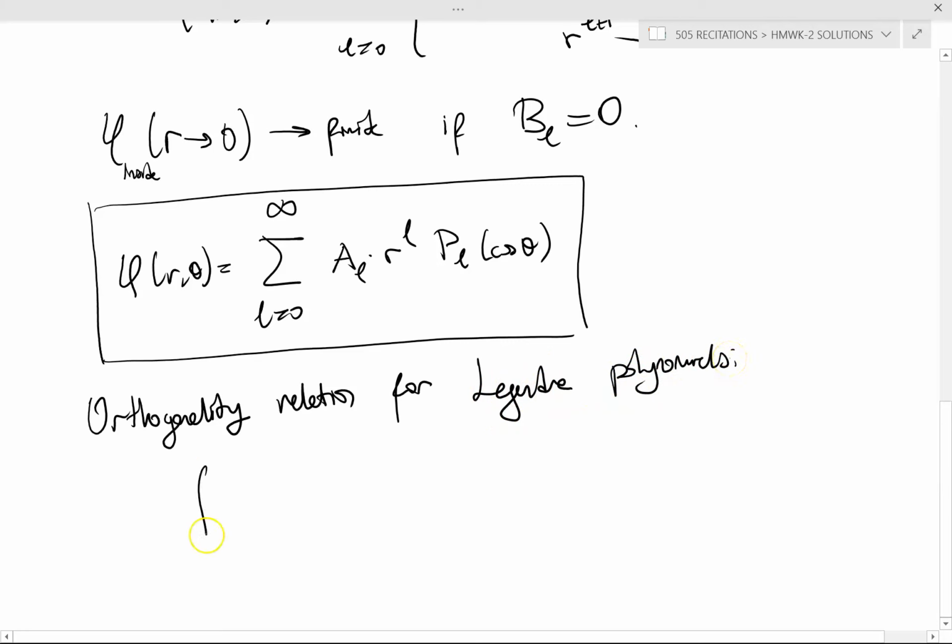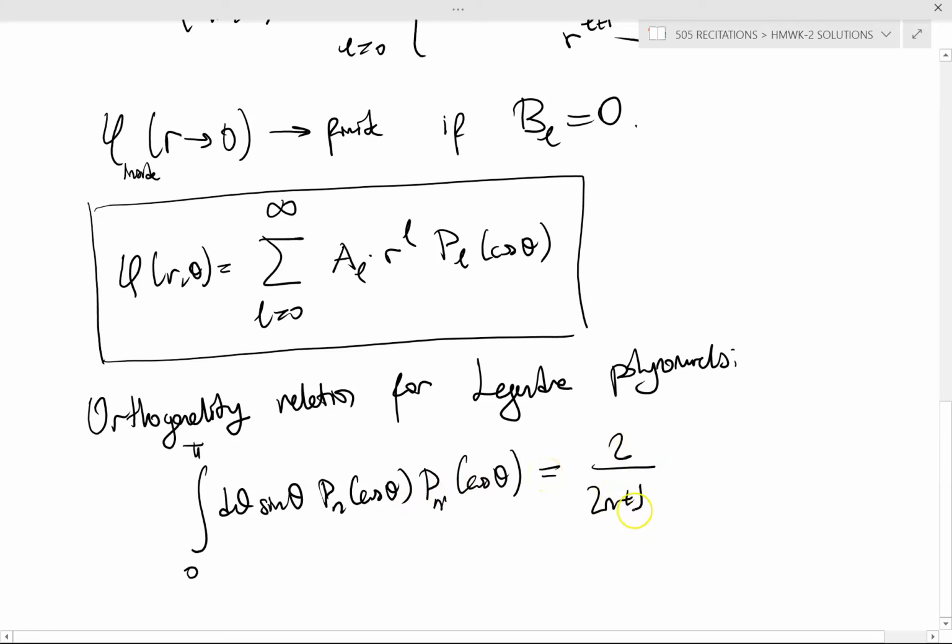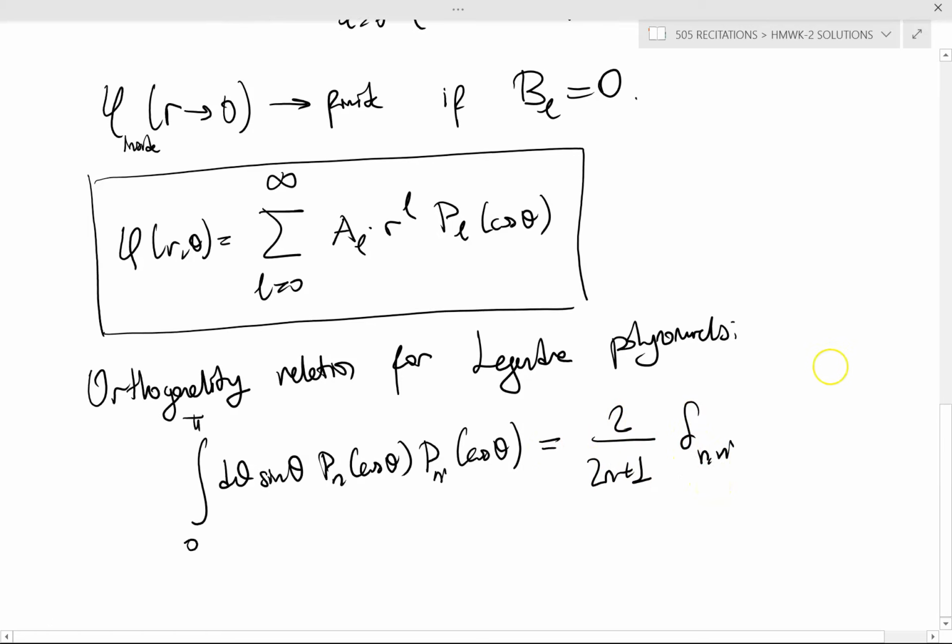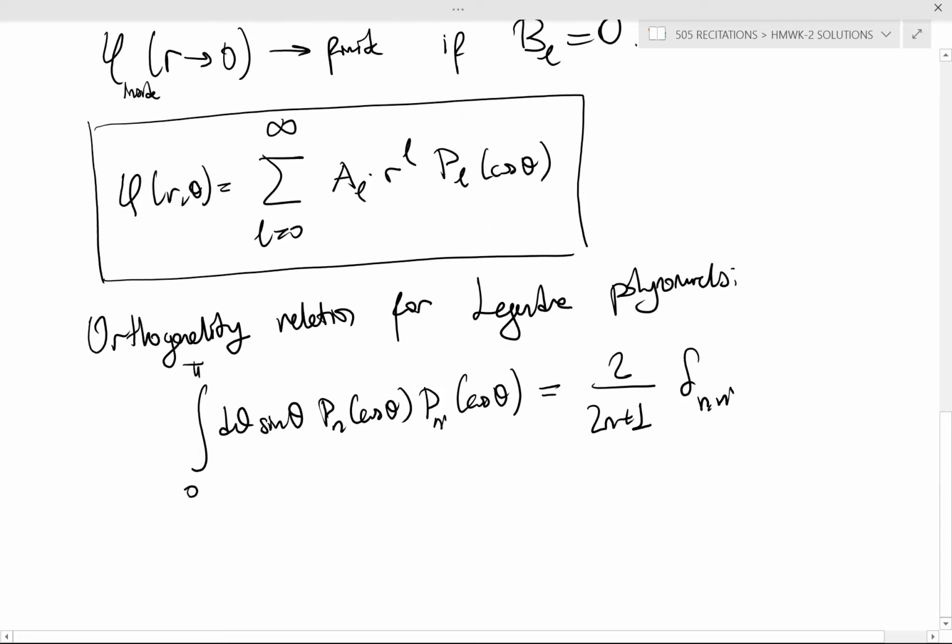And that relation turns out to be the integral from 0 to pi of d theta sine theta P_n cosine theta P_n prime cosine theta is equal to 2 over 2n plus 1 times delta n n prime. Okay, we will be using this.